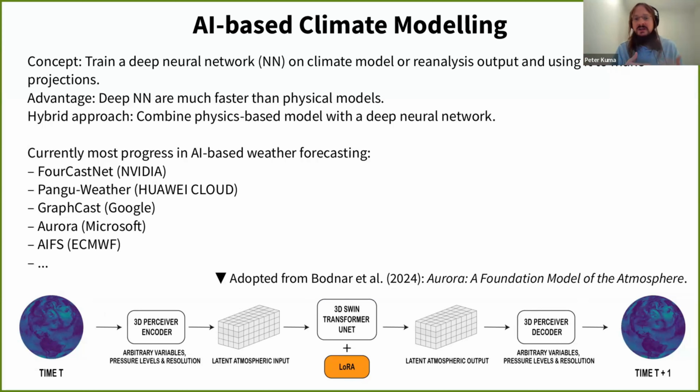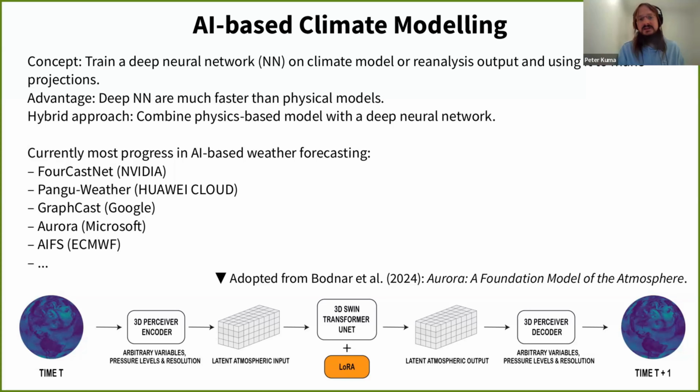And the training happens based on existing climate model simulations, or what's called reanalyses, or on satellite observations. So the neural networks are basically trained to emulate, in a way, the existing climate models and our observations.